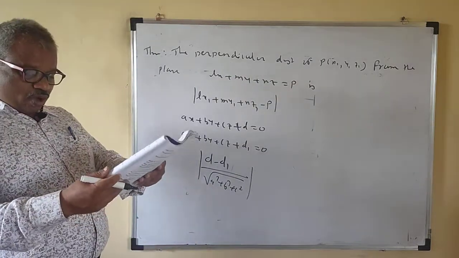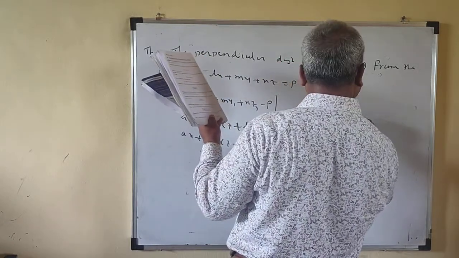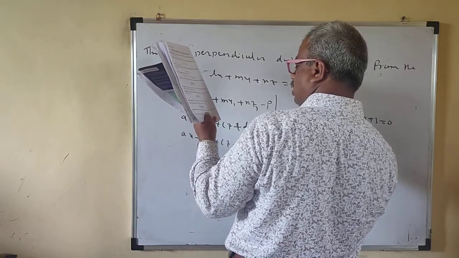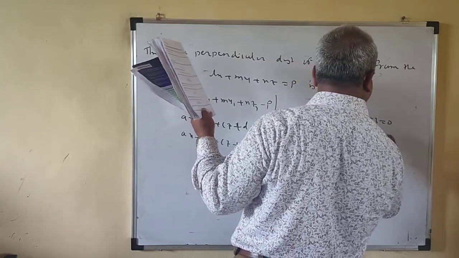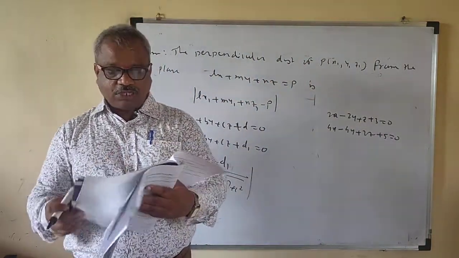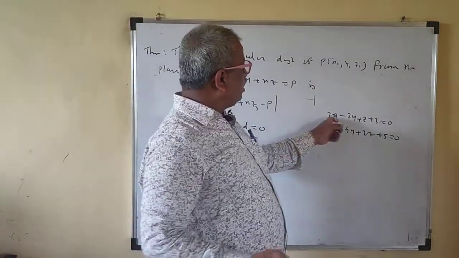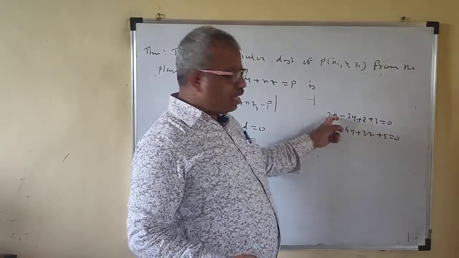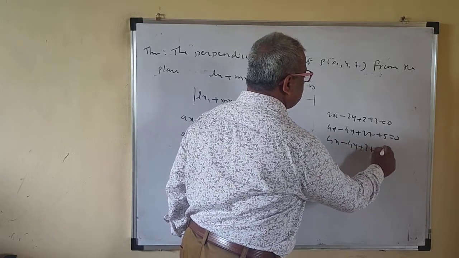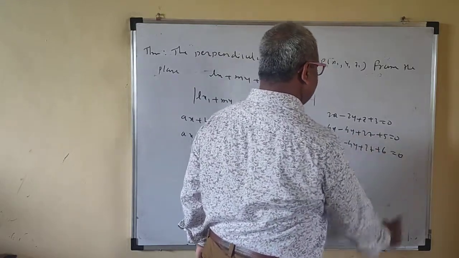Now suppose you want to find the distance between the planes 2x minus 2y plus z plus 3 is equal to 0 and 4x minus 4y plus 2z plus 5 is equal to 0. Now see here, 2x is there. If I multiply the first by 2, I get 4x minus 4y plus 2z plus 6 is equal to 0.